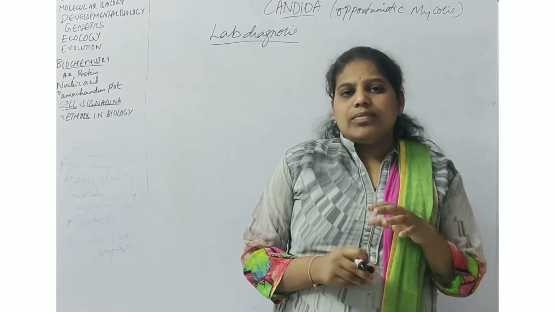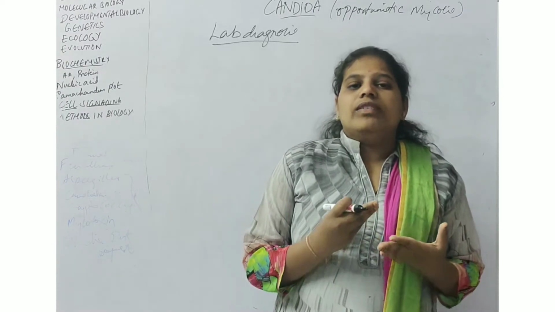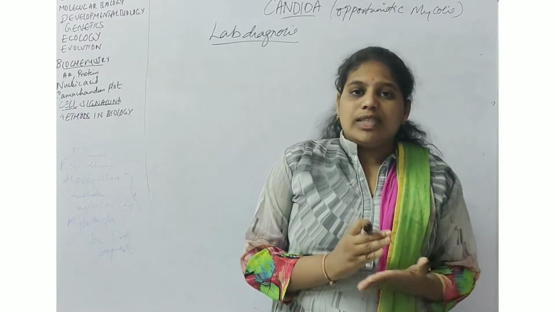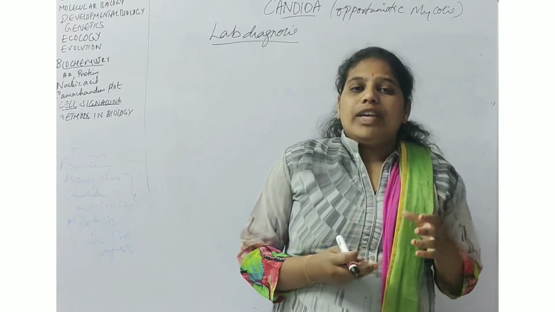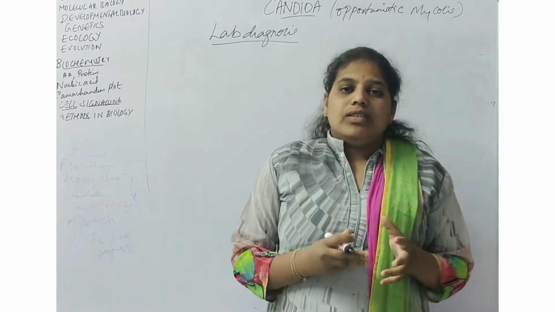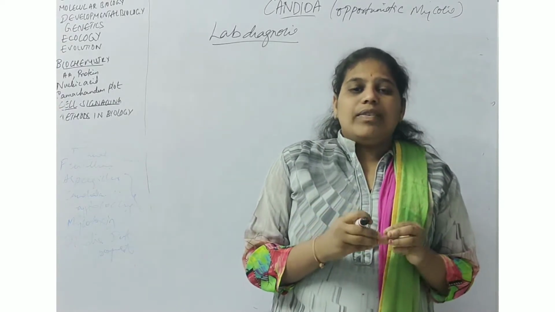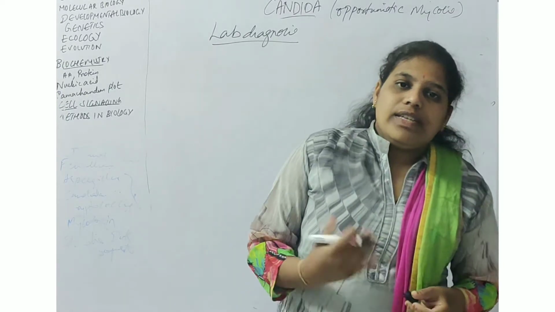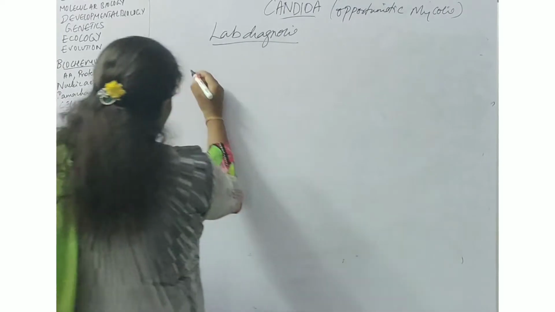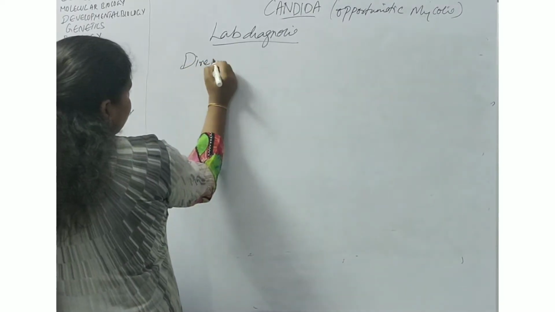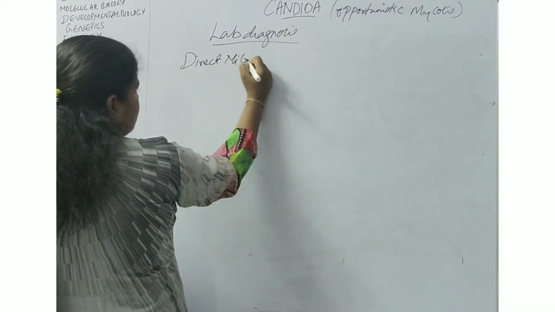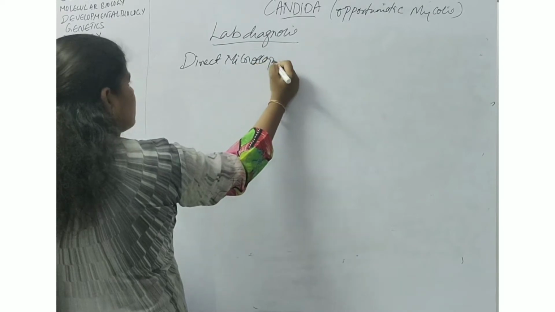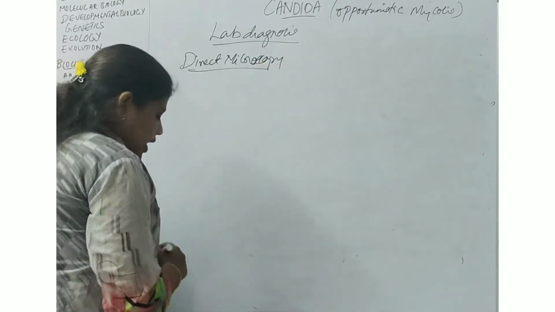We can even do biochemical reaction tests, a skin test, and ELISA. These are the tests by which we can confirm Candida in our body. First we will see direct microscopy.